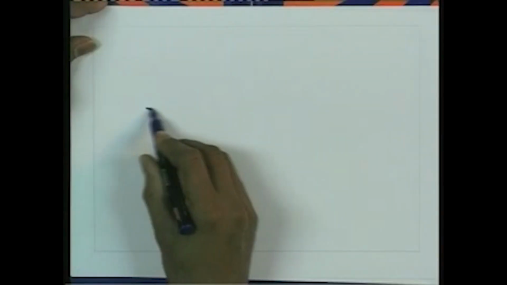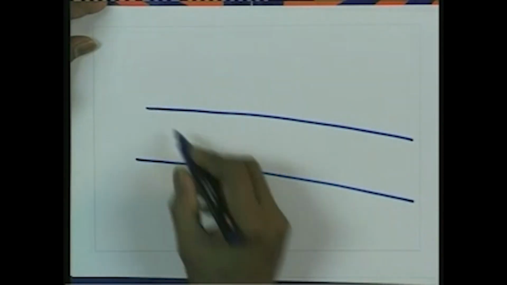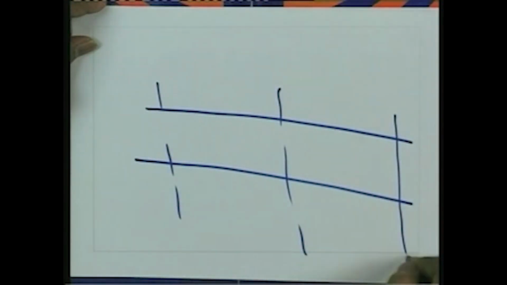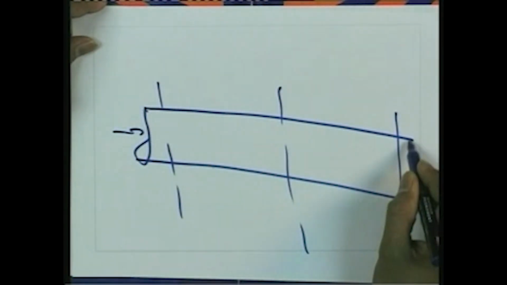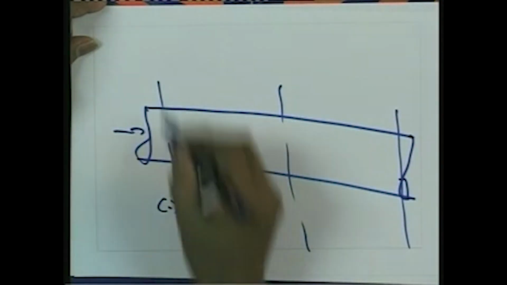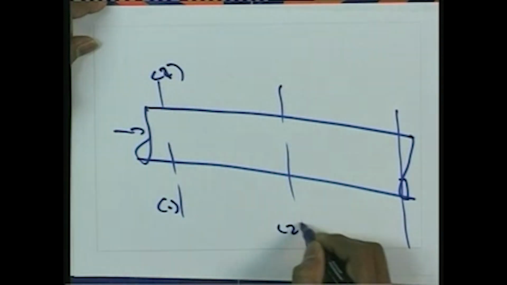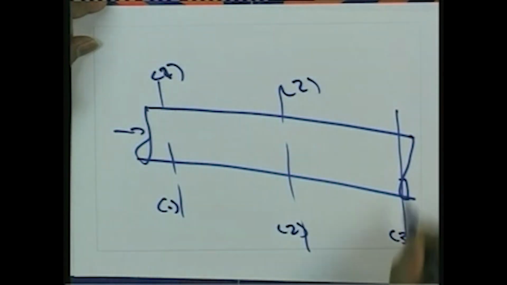Now, for example, we consider a pipe flow like this, and we have three sections, section 1, section 2, section 3, as shown in this figure.